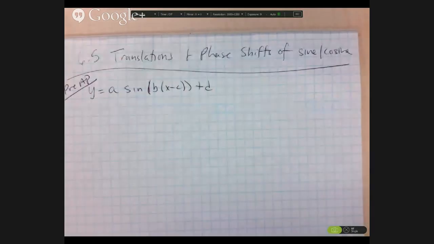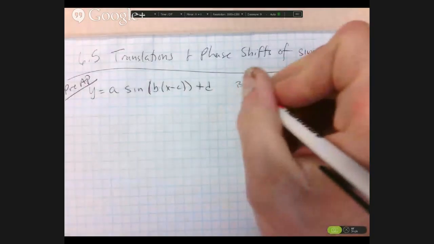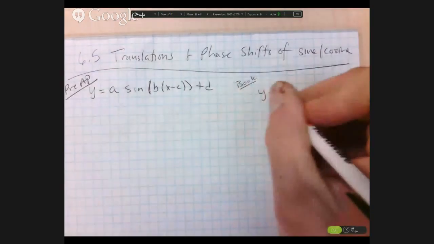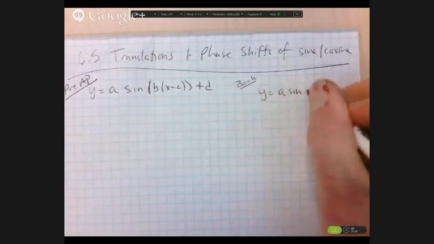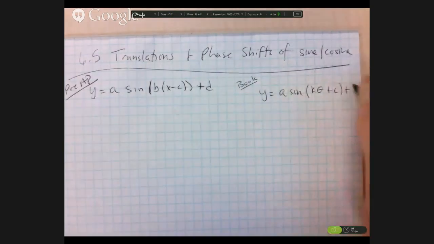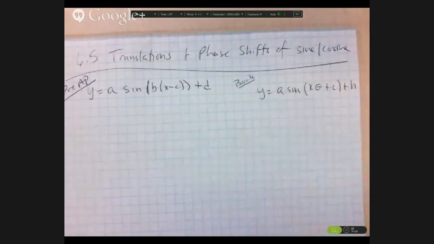Okay, your book does something different. Your book looks like that. It's a touch different. Whatever's right after the sine is different.